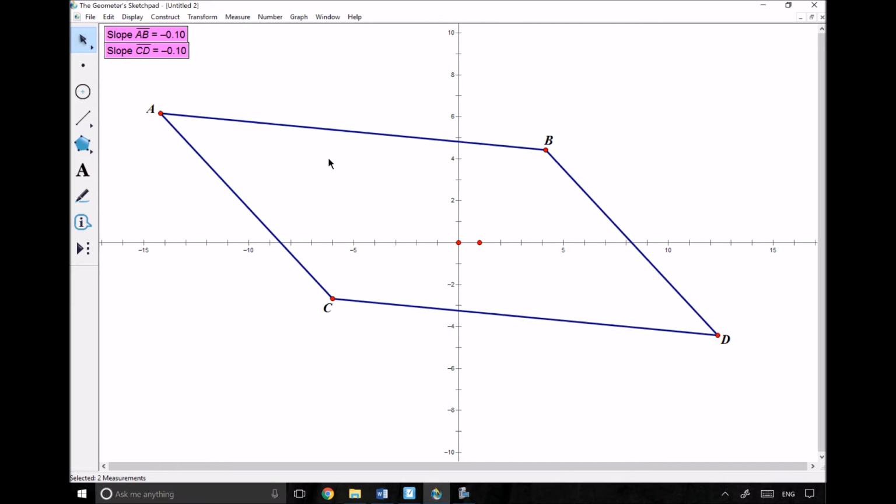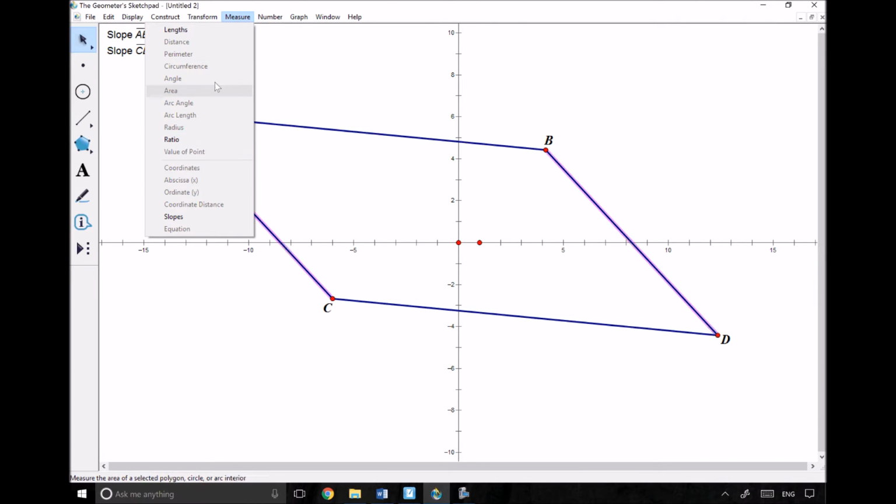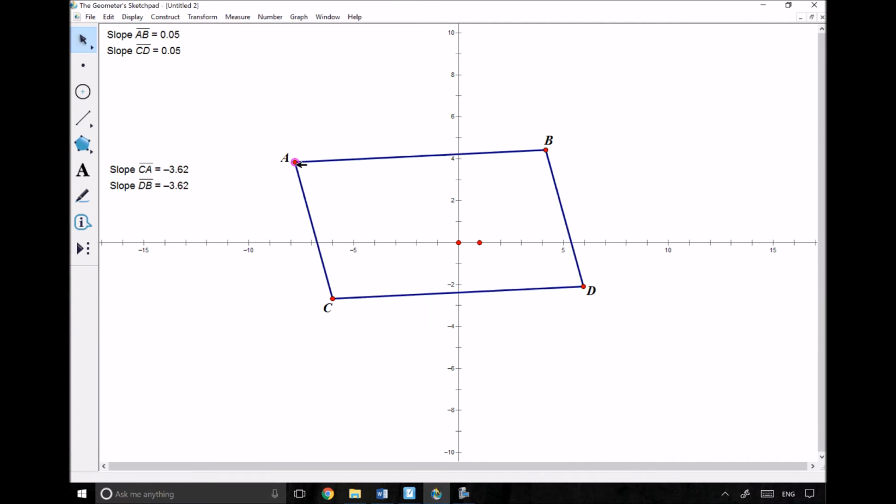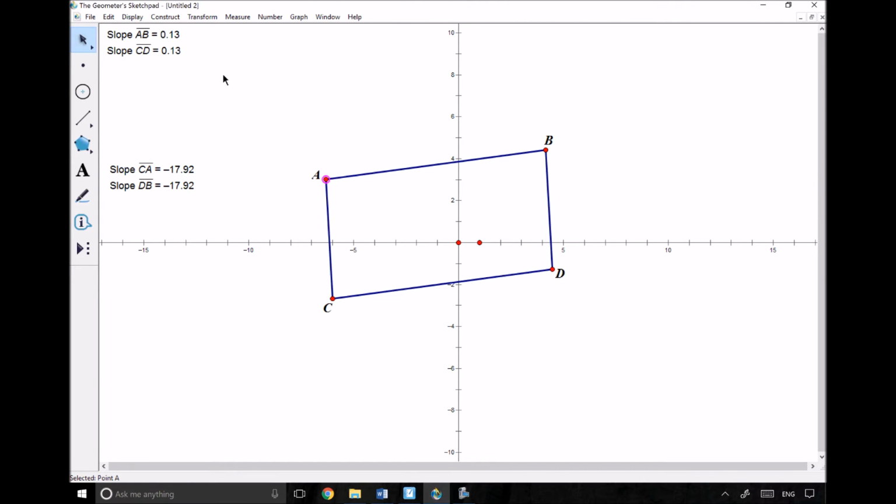The slopes are the same for my opposite sides, and let's verify over here that these slopes are the same as well. I measure my slopes and I end up getting that they are the same no matter where I place my vertices. My slopes change, but the opposite sides are always going to be the same as each other.